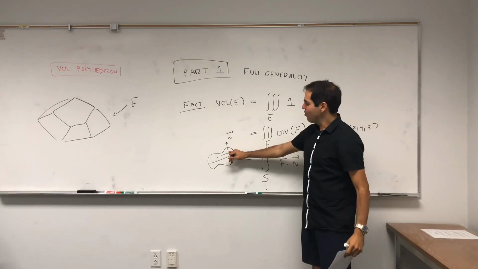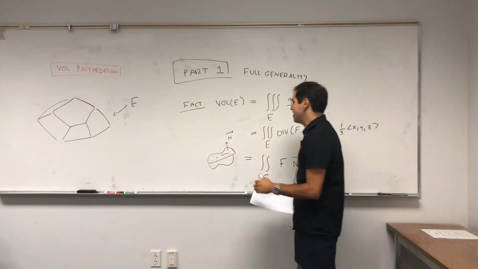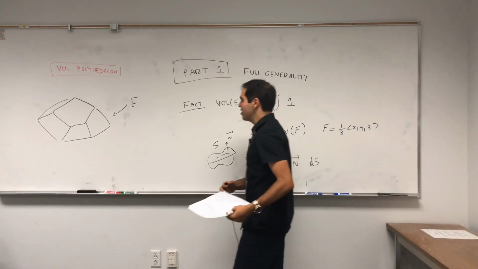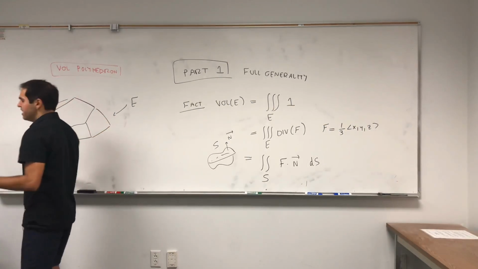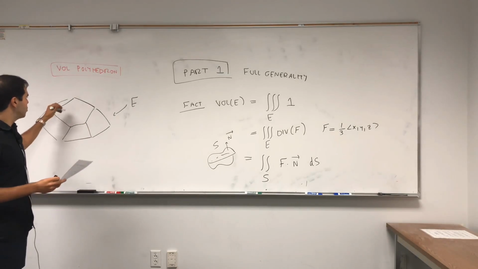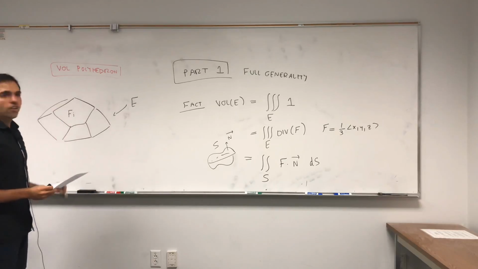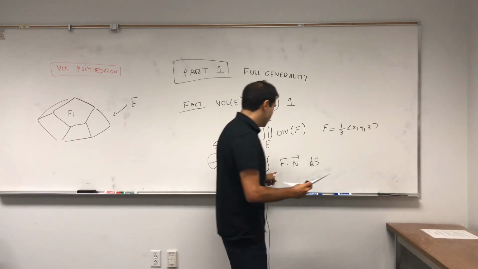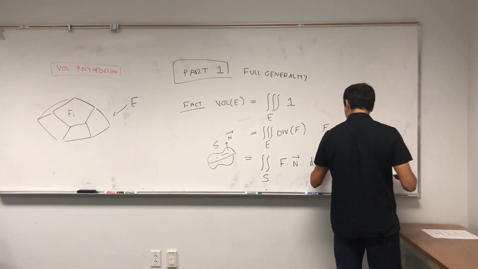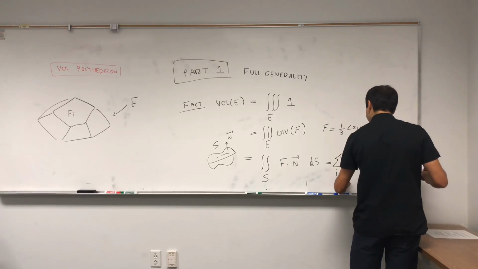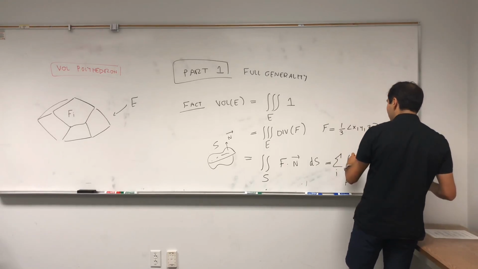It's a vector of length 1, which is perpendicular to the surface. The important thing to notice is that if you have a polyhedron, then the surface is made up of a bunch of faces. Let's call each face F_i. Therefore, this becomes the sum over i of the integral over the face F_i of f dotted with n.